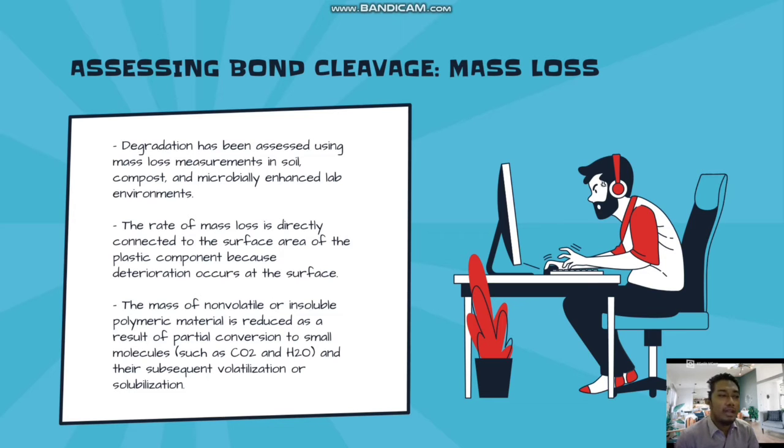The mass of non-volatile or insoluble polymeric material is reduced as a result of partial conversion to small molecules such as CO2 and H2O and their subsequent volatilization or solubilization.